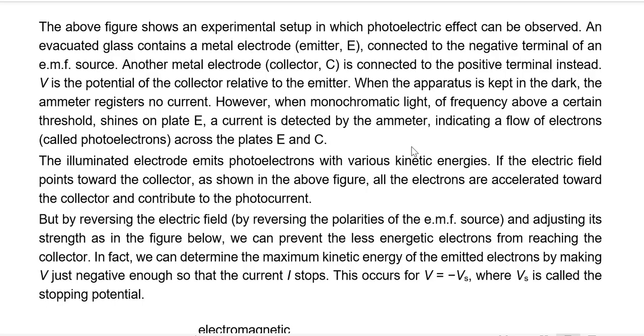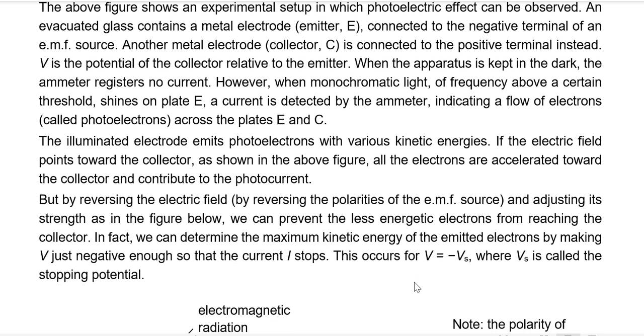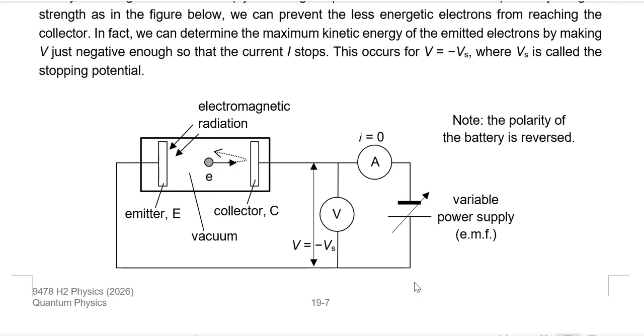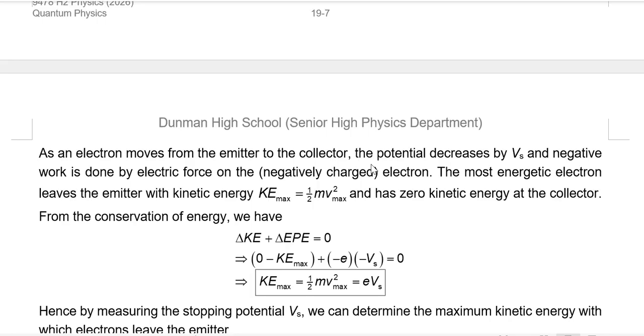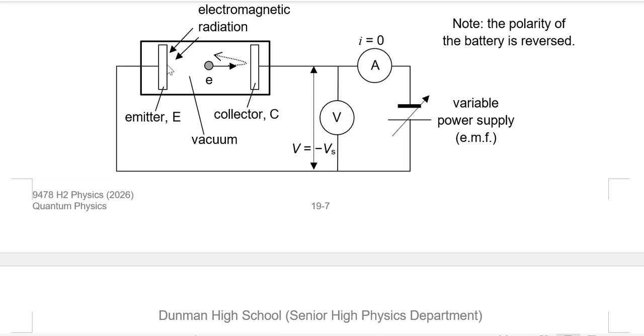This stopping potential must be responsible for slowing down the electron with the maximum KE from hitting the collector. This Vs, the stopping potential, is used to calculate my maximum kinetic energy. Why? Because if I can turn around the electron with the maximum kinetic energy, just as the current hits 0, that must mean the KE of the electron is just used up before it reaches the collector.